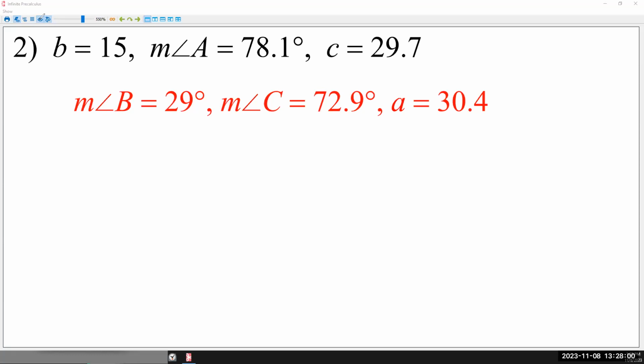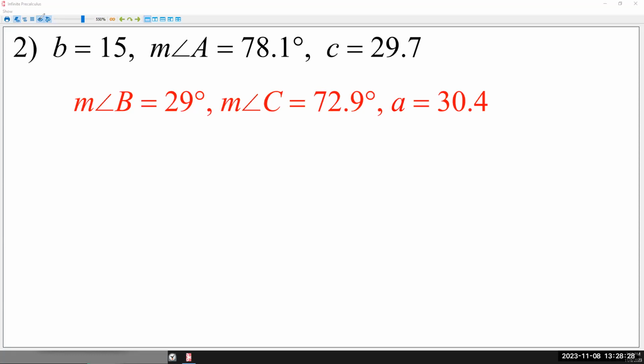Okay, so that one's okay, they're around there. Did anybody get something that's clearly well off? Well, when you use law of cosines, did you use law of cosines to find B or C? Well, sorry, my fault. Yes, law of cosines to find A.